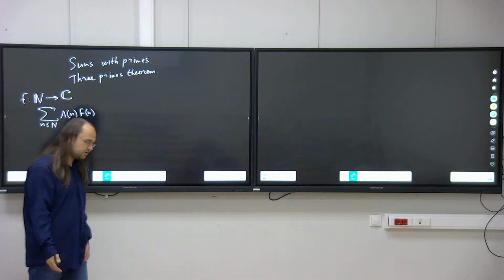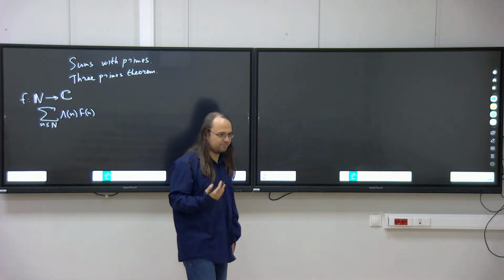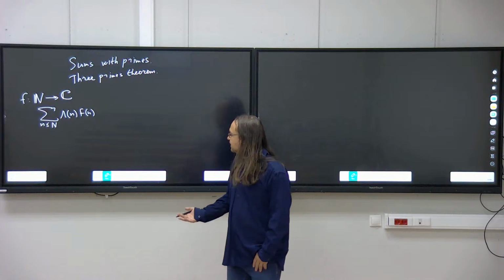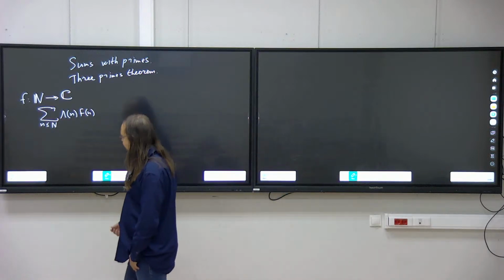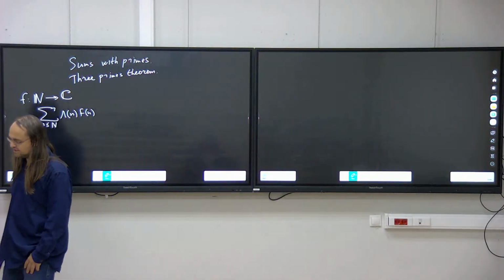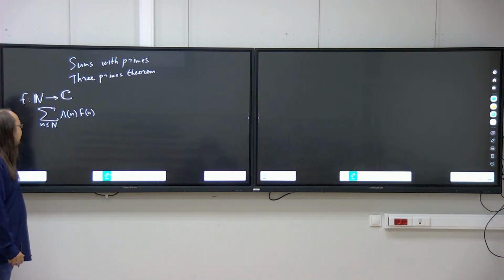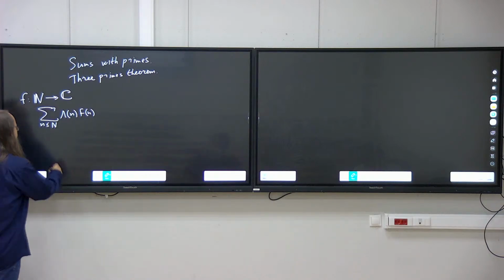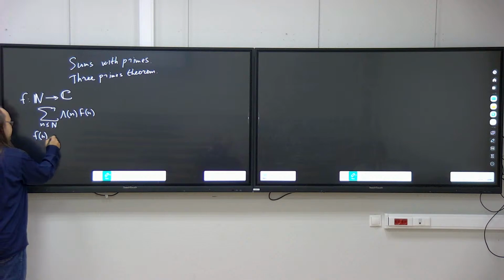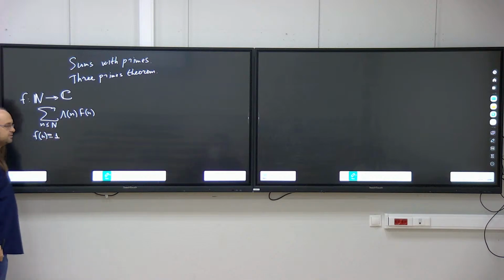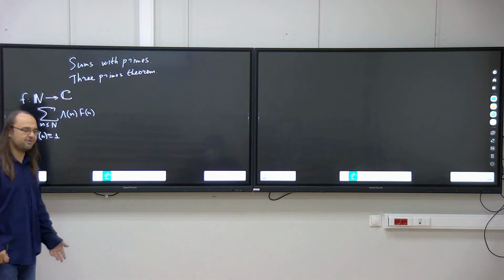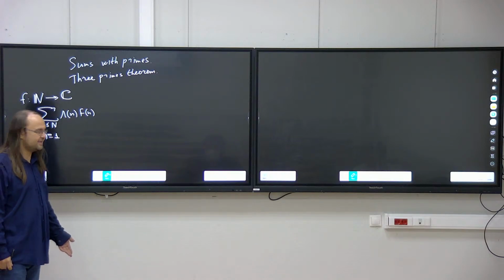Lambda is, as usual, the von Mangoldt function. And sometimes you would like to understand the behavior of this sum. For example, if you take f of n to be identically equal to 1, this is the same as asking to estimate the number of primes below N, right?